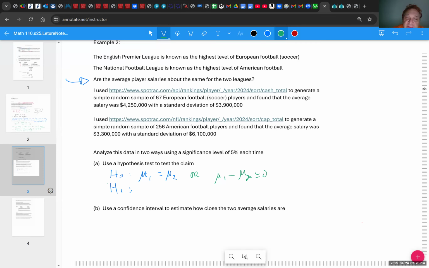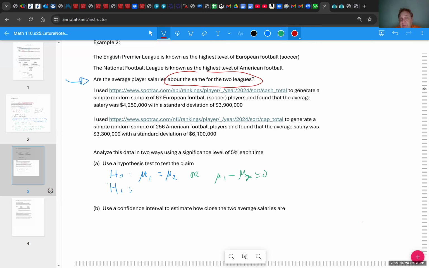Remember that we are probably going to write this as mu1 minus mu2 is equal to 0, because we're using StatCrunch. If you're using Excel, you might have to write mu1 equal to mu2, but depending on what program you use, it'll be one of these two. For the alternative hypothesis, if we read this statement, it just asks, are they about the same? It didn't say, is one more than the other?